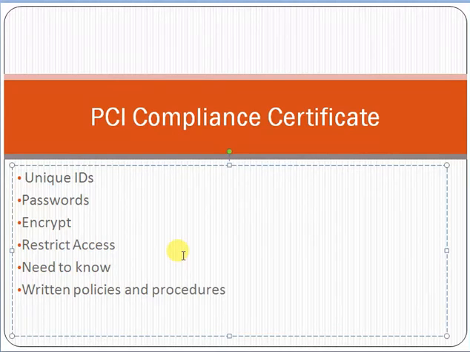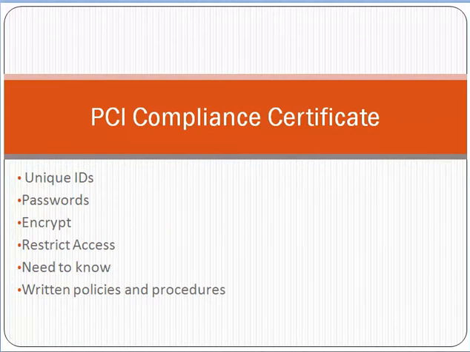For example, if 10 pieces of information are available and a person needs only 2, then only those 2 should be given, not all 10. And then the policies and procedures should be written or documented properly. These are the guidelines necessary for the PCI compliance certificate.